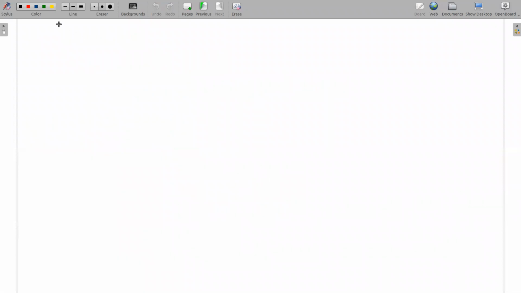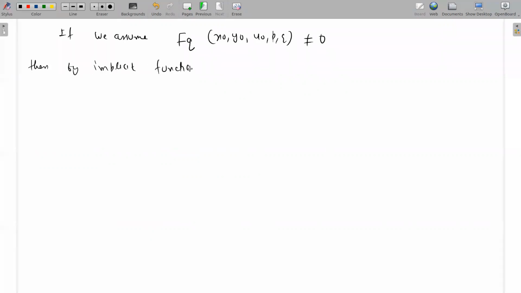तो उसकी एक कंडीशन है. So if we assume, जिसके लिए सॉल्व कर रहे हैं उसके सेंस में पार्शियल डेरिवेटिव, अगर F_q नॉन जीरो हो, then by the implicit function theorem we can determine q as a function of p.